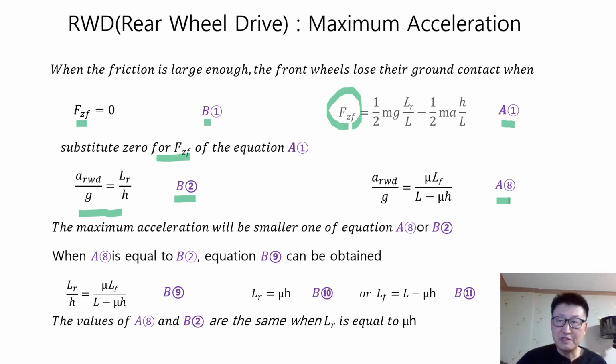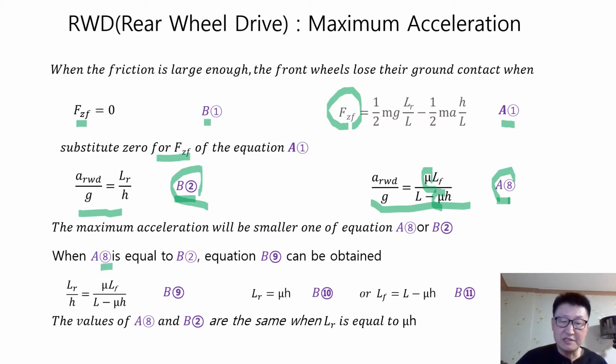And equation A8 represents the maximum acceleration allowed by the tire friction. This is the tire friction coefficient mu here. The maximum acceleration will be the smaller one of equation A8 or B2.